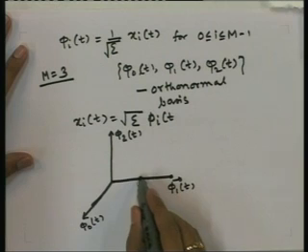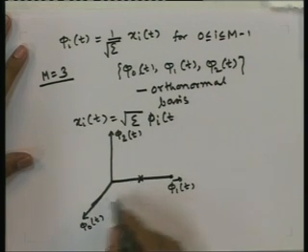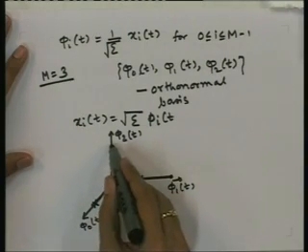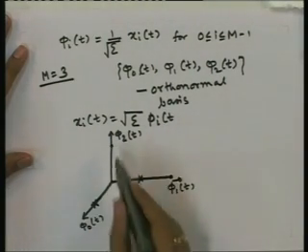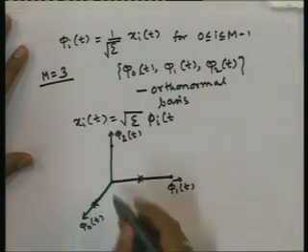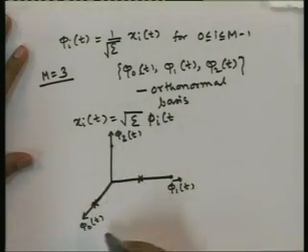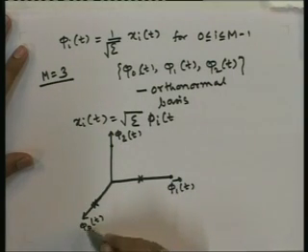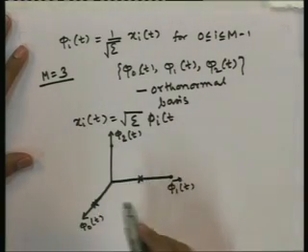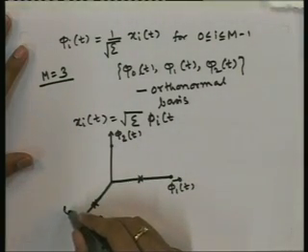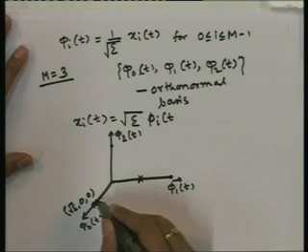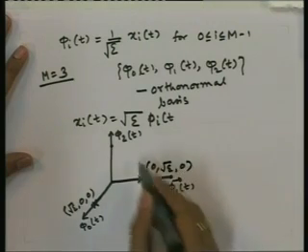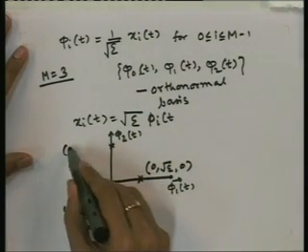So, there will be some point here, some point here: this is x_0(t), this is x_1(t), this is x_2(t). These are not the functions, but these are the components, so we will draw only the scalars here. The components of this will be, as you can see, x_0(t) is root E times phi_0(t) plus 0 times phi_1(t) plus 0 times phi_2(t). So, its coordinate is (root E, 0, 0), this point, and this one is (0, root E, 0). This point is (0, 0, root E).